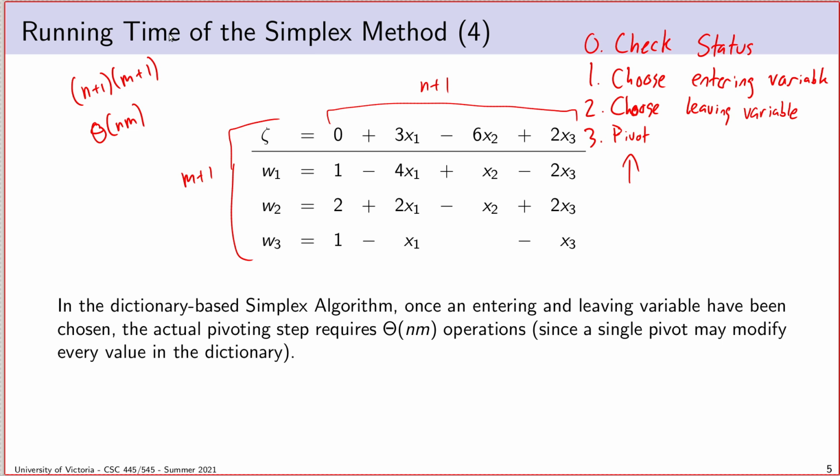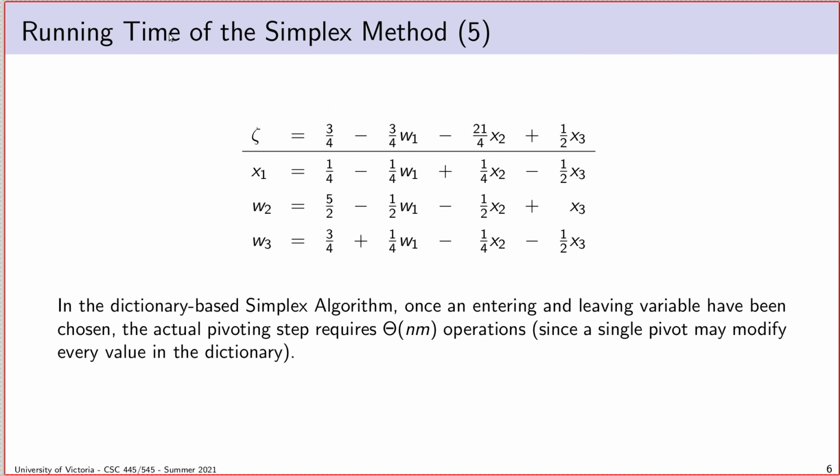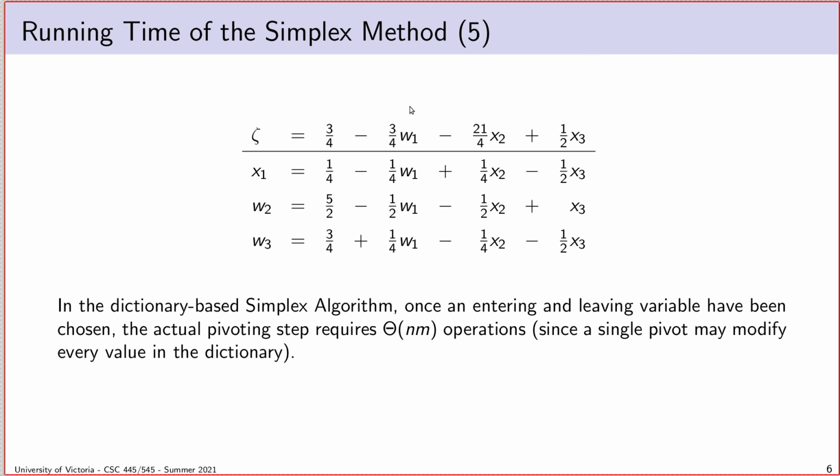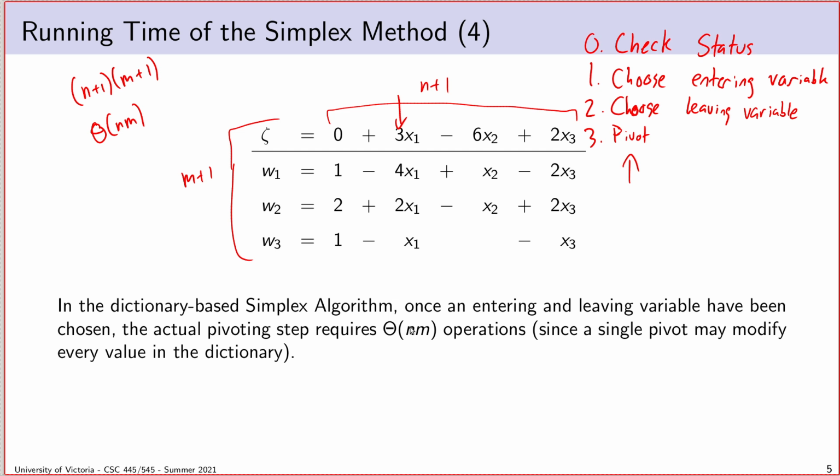And I have one here. If I do a pivot with, let's see, x1 as my entering variable and w1 as my leaving variable, I get this new dictionary where every single value is different. So it's easy to show I can attain this number of operations asymptotically by performing a single pivot step.